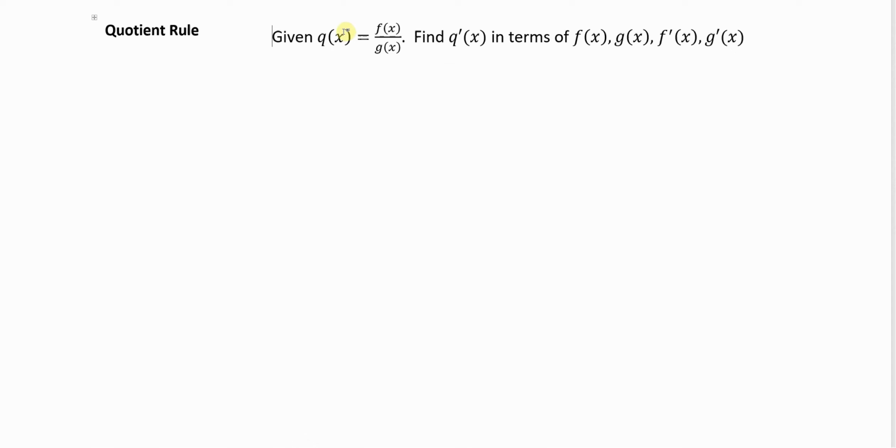Now the first thing I'm going to do is rewrite this as capital Q, just because my Q's and my G's look really similar to each other, so that this won't be confusing to any of you. Okay? Alright, so we'll begin this way. Q of x is equal to f over g.